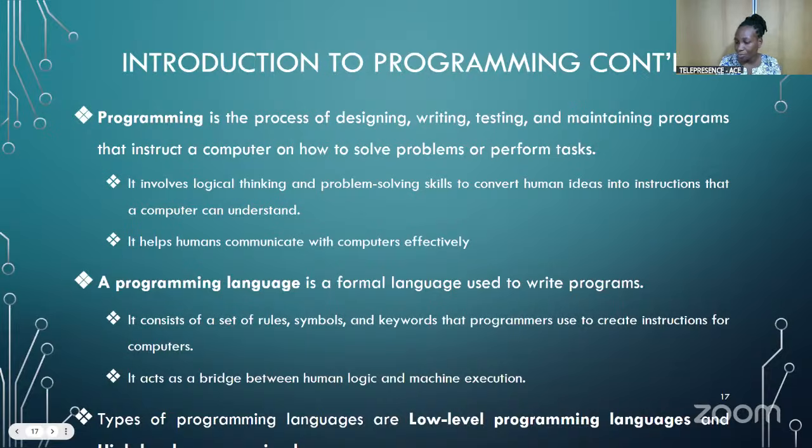Since a program is a sequence of instructions given to a computer, programming is the process of writing it, designing it, testing it, and maintaining the programs. Programming involves logical thinking and problem-solving skills to convert human ideas into instructions that a computer can understand.